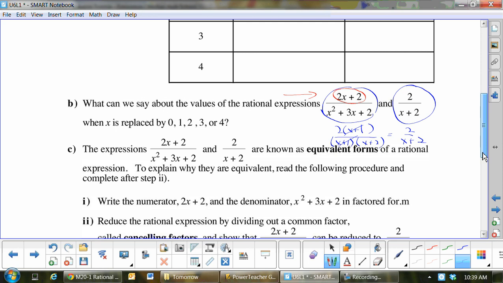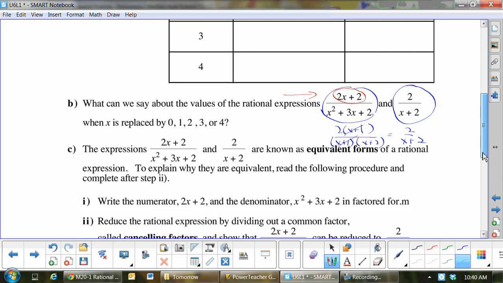What's the difference between an expression and an equation? Anyone know? An equation has an equal sign in it, right? An expression is just some statement, but no equal sign. So, right there, if this was a multiple choice test, I proved that those two are the same thing.